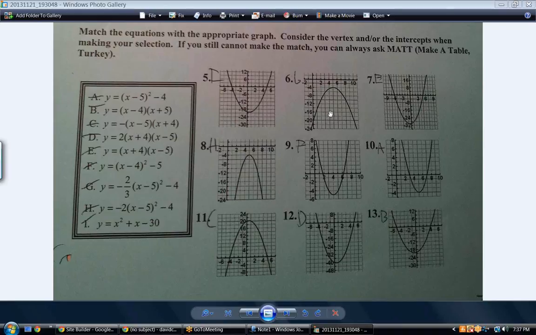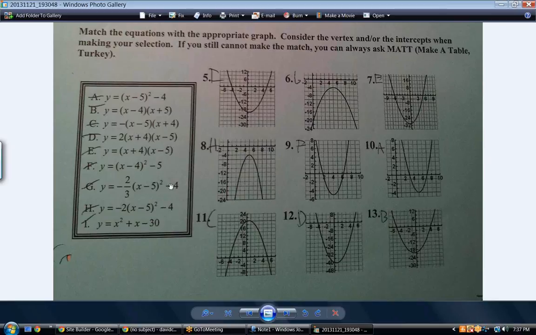Okay, let's look at 6. You've got L. What is that? That's a G. So it opens down, and it's in vertex format, which means our vertex is 5, minus 4. In other words, G is in vertex format, where the vertex is plus 5 and minus 4.